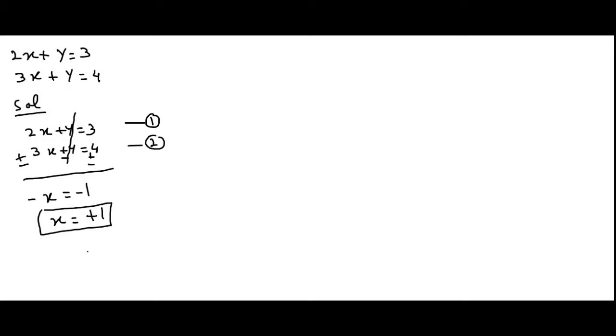So 2x plus y is equal to 3, 2 times 1 plus y is equal to 3, y is equal to 3 minus 2, so y is equal to plus 1.